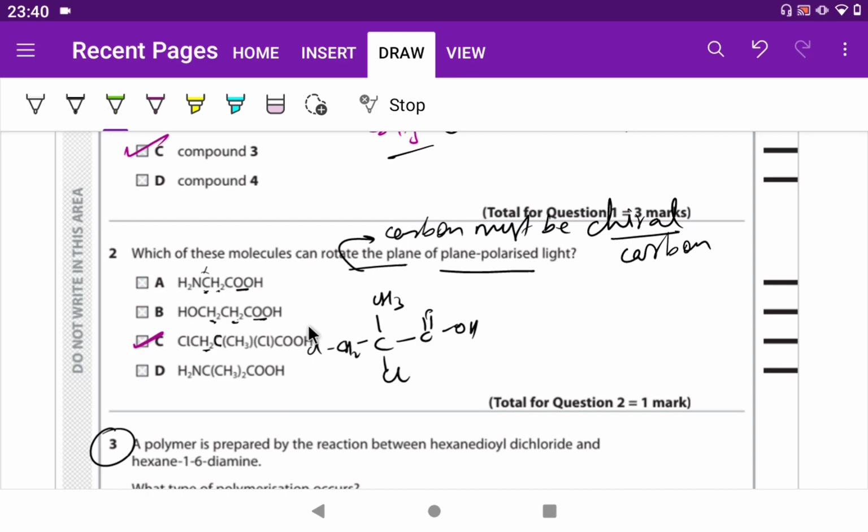So this carbon is attached to 4 different groups: Cl is the first, COOH is a different group, CH3 is a different group, and CH2Cl is a different group. So this carbon is a chiral carbon, so it can rotate the plane polarized light. Therefore C will be the correct answer for this.